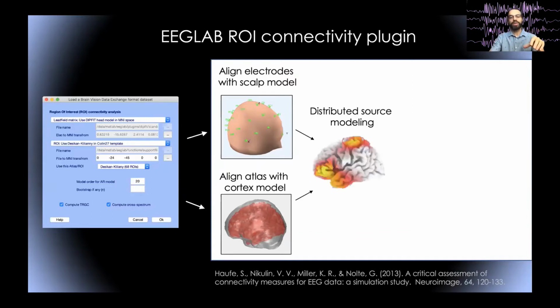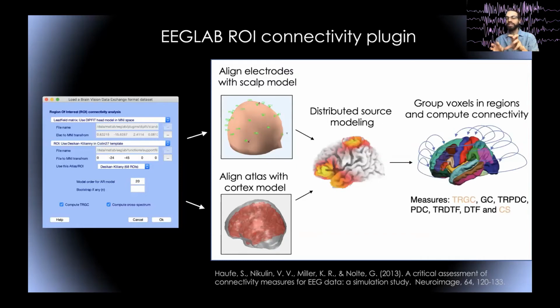your model. So you can do distributed source modeling, for example, using LORETA. And then once you have these distributed sources, you parcellate into different brain areas based on an atlas, and then you can calculate different measures, so pairwise measures, like time-reversed Granger causality, or cross spectrum, or many others.